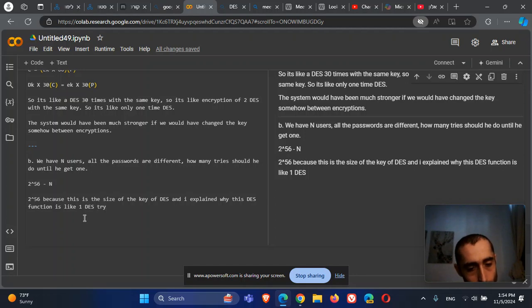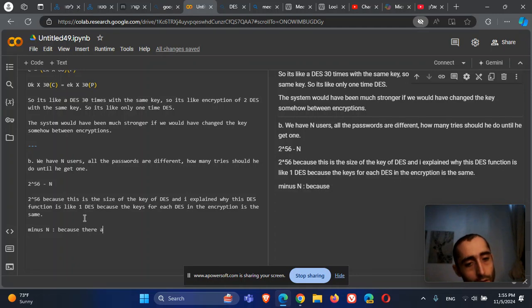Try, because the keys are the same, minus n, because there are n different results, and from them he needs just one.